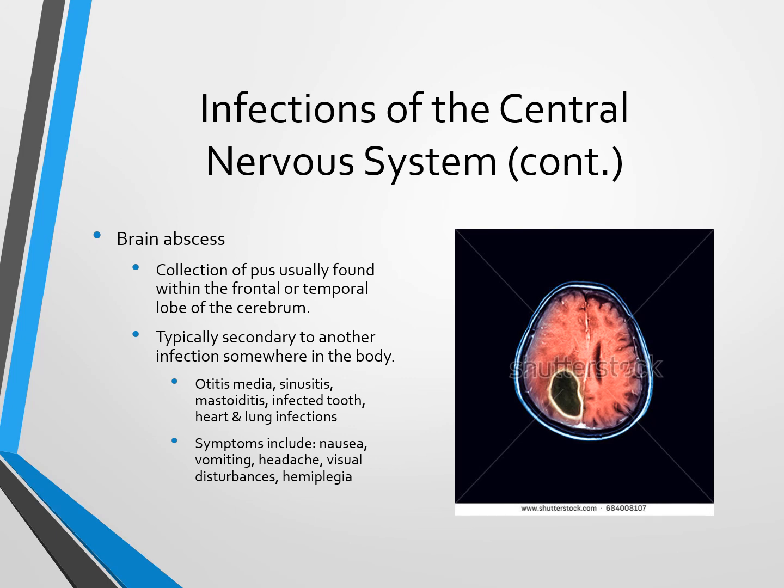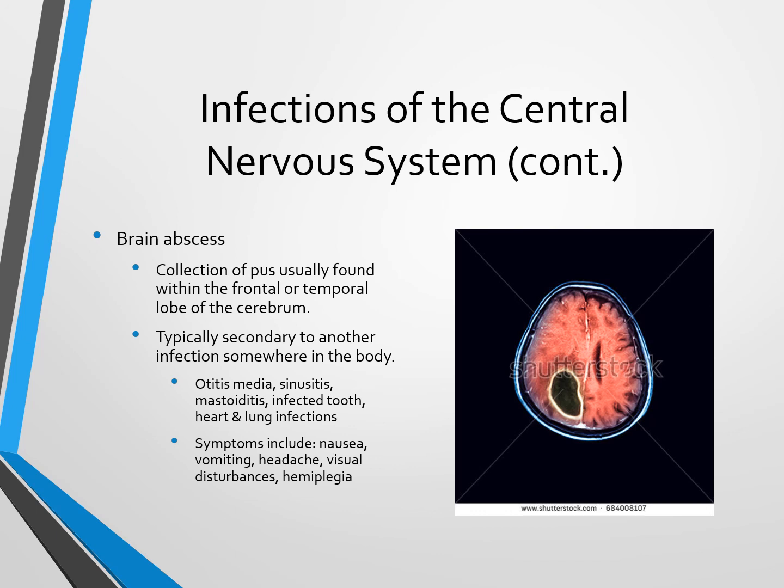It can occur in one area or multiple areas, but it's typically secondary to another infection, such as otitis media or mastoiditis or sinusitis. Also, an infected tooth could lead to a brain abscess, or other infections associated with the heart or lungs.